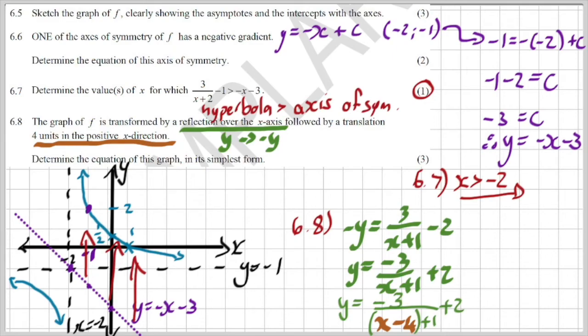Okay, please remember that. Moving left and right is always opposite of logic. Now they do ask me in simplest form. So I have to simplify that denominator. This is going to lead me to negative 3 over x minus 3 plus 2.